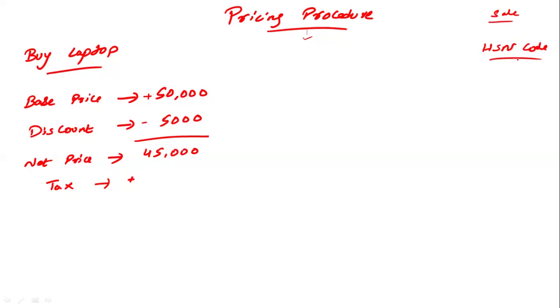Now for this laptop, based on the HSN code, he tells that there is 5% tax. This 5% of tax is applied on this 45,000. So 450 into 5, that is 2,250 as the tax.